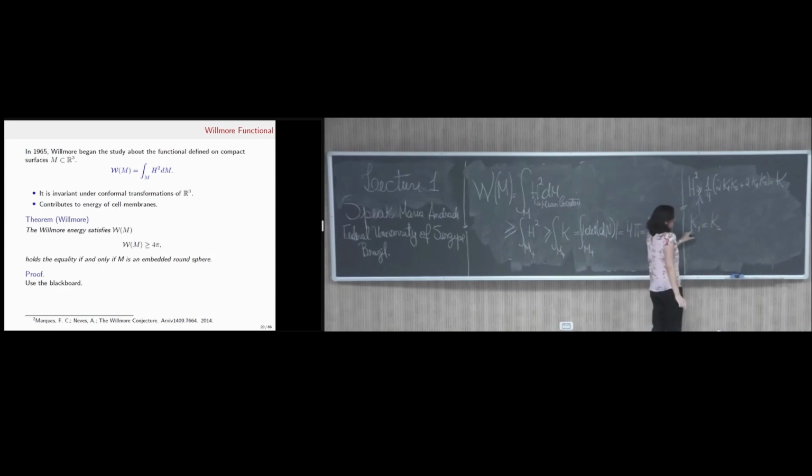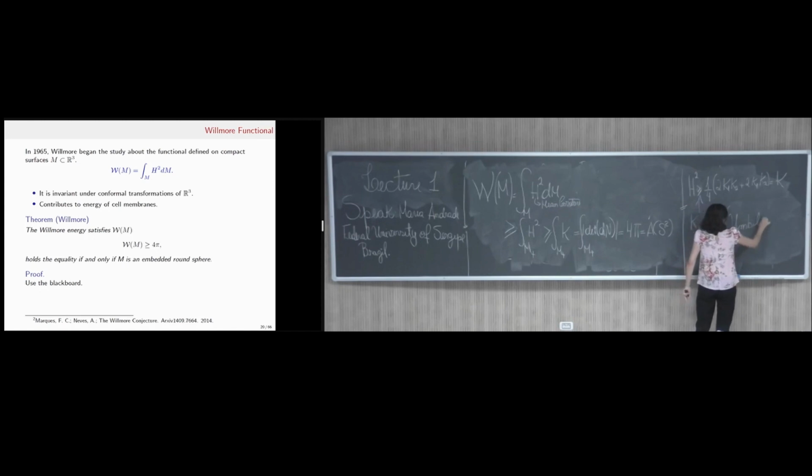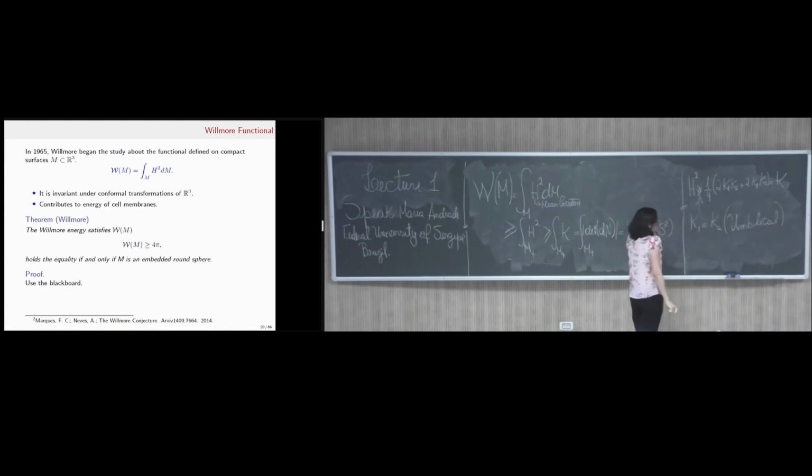So in this case, the surface is umbilical. What does umbilical mean? That means that at all points of the surface, the principal curvatures are equal. Okay? But how do you say that this surface is a round sphere?